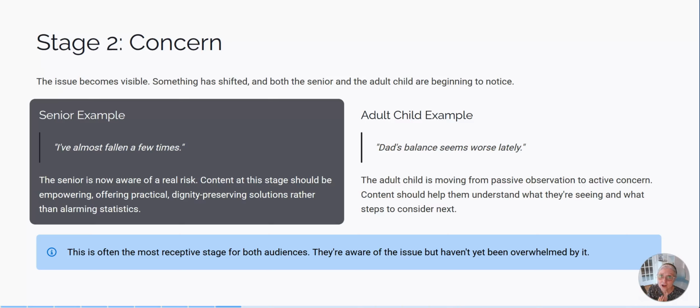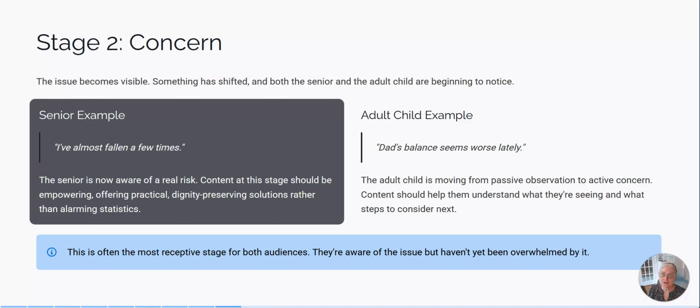Is it medication? Is it poor lighting? Is it the progression of a disease? Who do they talk to about these issues, and what do they ask when they do? This is usually the beginning of when people want to reach out for professional help.